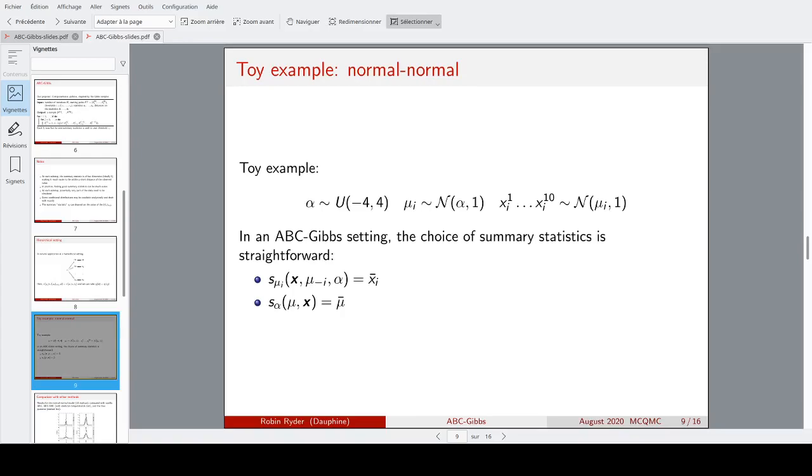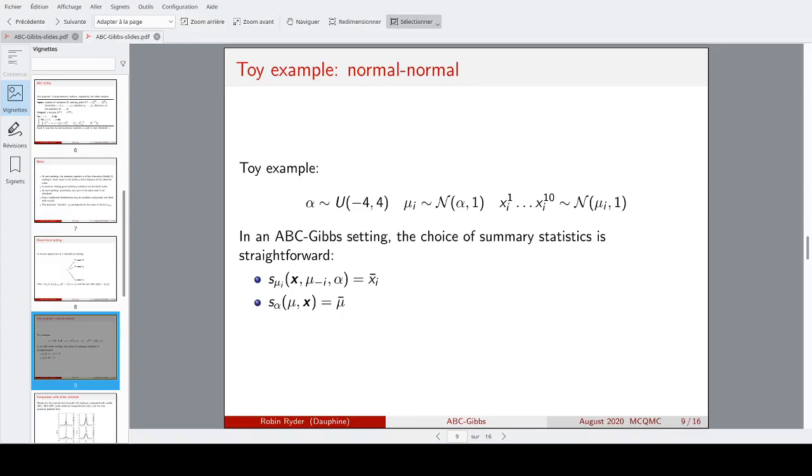So if you want that situation, and you want to do ABC, well, it's quite straightforward to use summary statistics. The summary statistic for mu_i is going to be the average of the observations that come from that mu_i. And similarly, for alpha, we're going to use the average of the mu's.